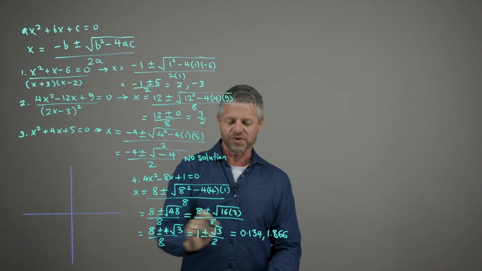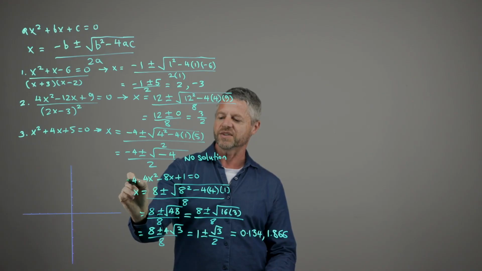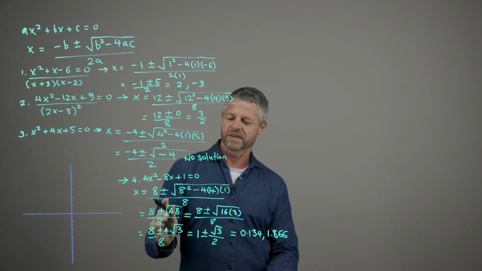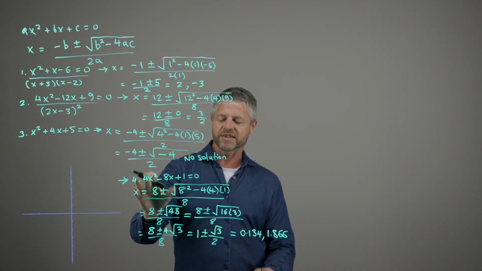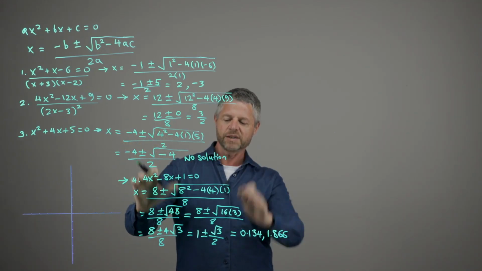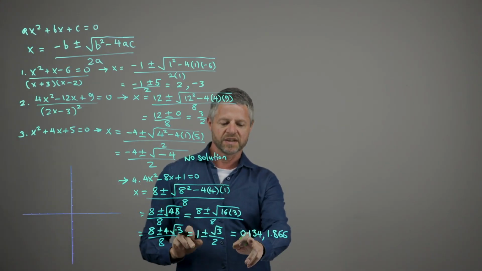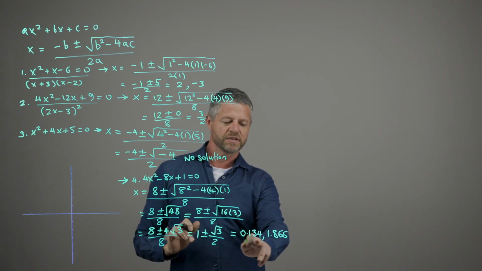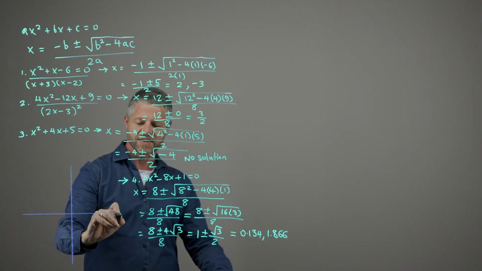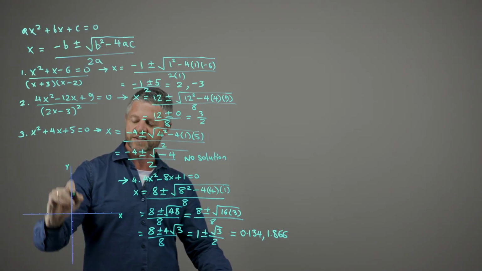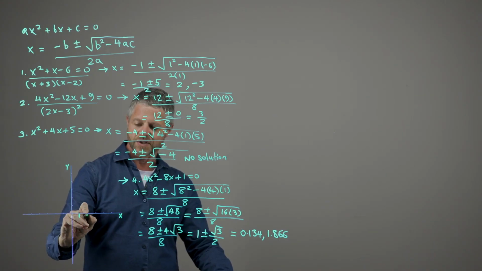If we wanted to draw what this quadratic equation looks like, we know it's going to be a parabola that is more like a valley than like a hill, because it's got a positive coefficient on the x squared. It's going to pass through these 2 points on the horizontal axis. So if this is the x-axis, this is the y-axis, 0 is in the middle, and then 1 and 2.